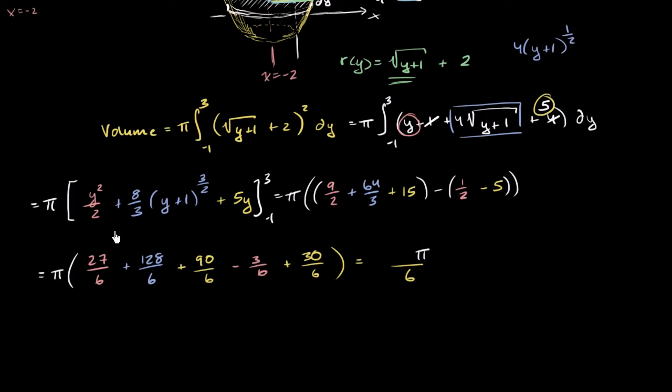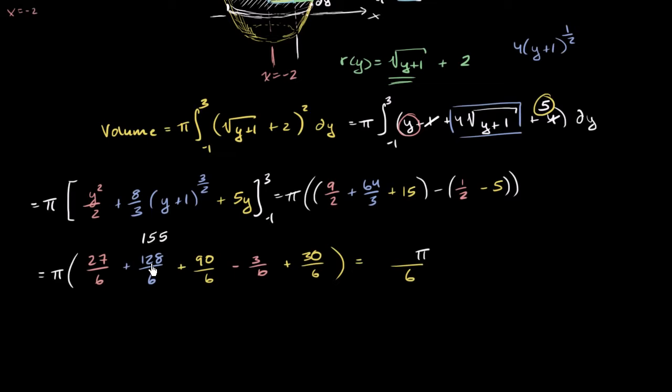So let's see if I can do this in my head. 27 plus 128 is going to be, let me see, 155. Is that right? 155.